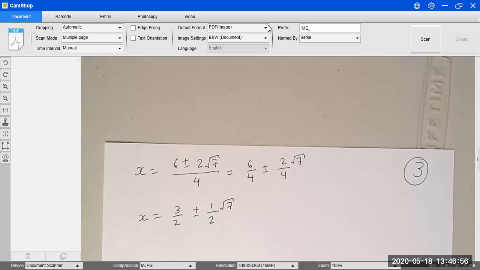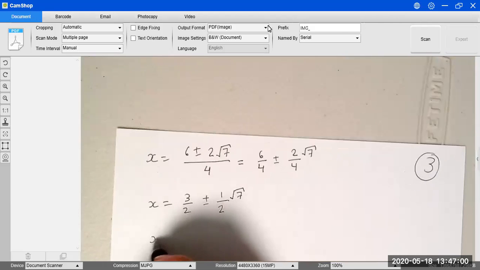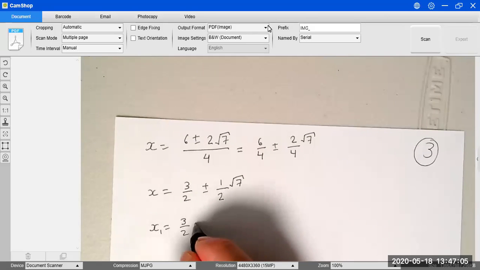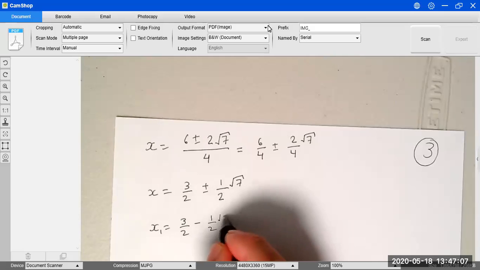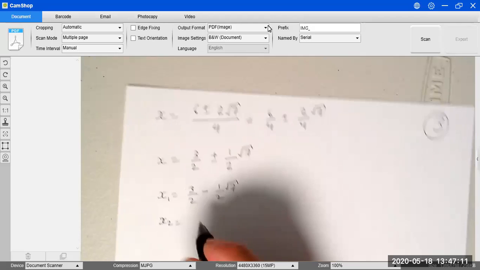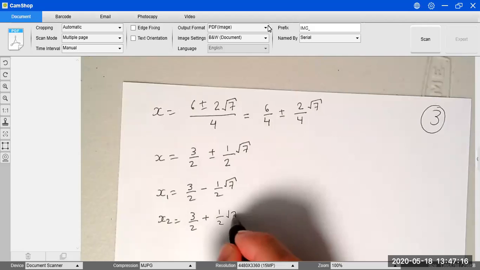So now you have your two solutions here. So one solution is going to be just 3 over 2 minus 1 over 2 the square root of 7, and the other one is going to be 3 over 2 plus 1 over 2 the square root of 7.